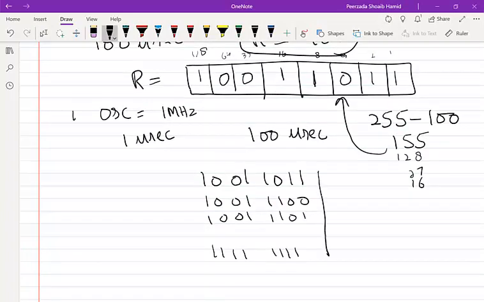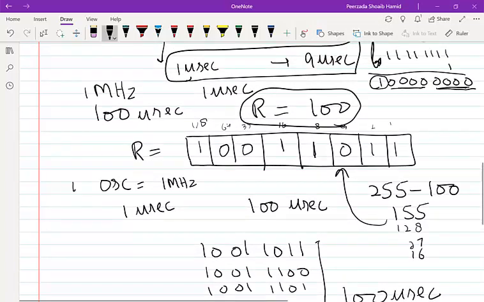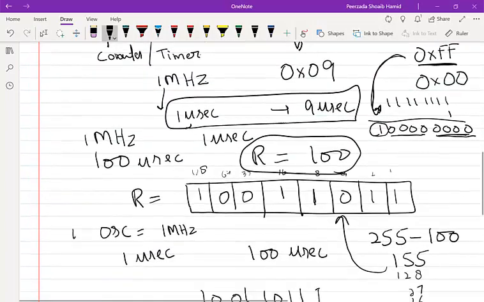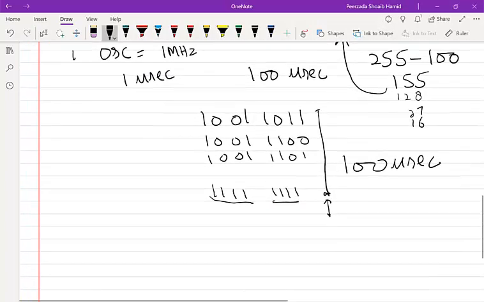How much time will it take to become 11111111 and subsequently overflow? It will take 100 ticks, and since each tick is equal to 1 microsecond, it will take 100 microseconds to overflow. And when it overflows, the overflow flag will be set, and we will come to know that the desired time period has elapsed.